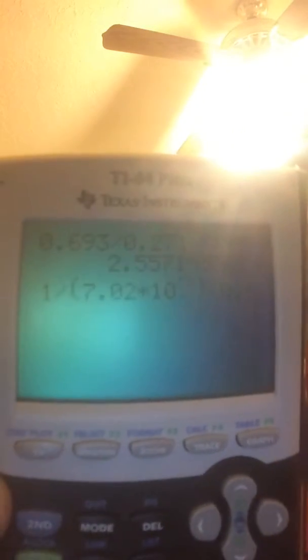And to solve this, you just put it in your calculator. So you put 1 divided by 7.02 times 10 to the negative 3 times 0.1 molar. And when entering this into your calculator, you want to make sure that you use a lot of parentheses so that you don't get the wrong answer.